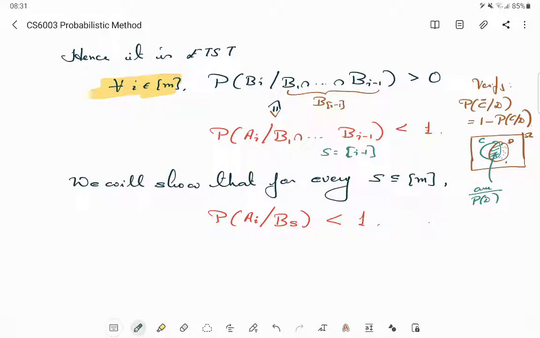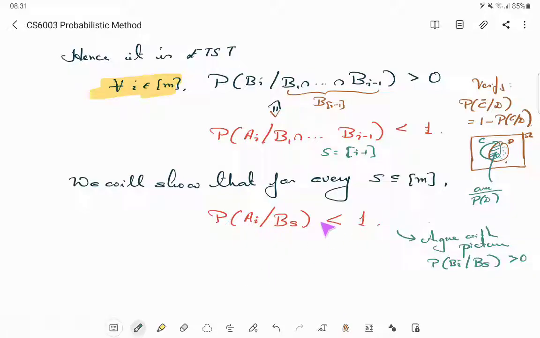Here also you can really argue with pictures as to why this guarantee will ensure the guarantee that we want. Maybe if you are trying to argue it with pictures, it is better to do this.